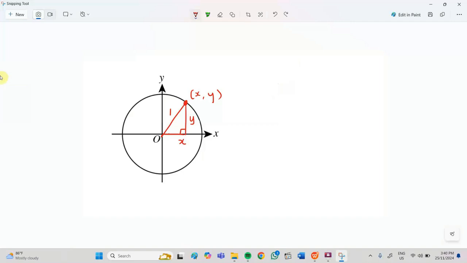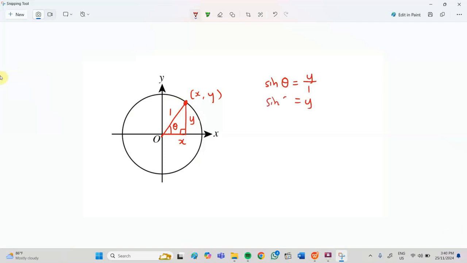Now for this triangle, if I let this be the angle theta, then sine theta, according to the definition, will be the ratio of the opposite side to the hypotenuse of this right angle triangle. Okay, the opposite over the hypotenuse, and you will get the y value here.